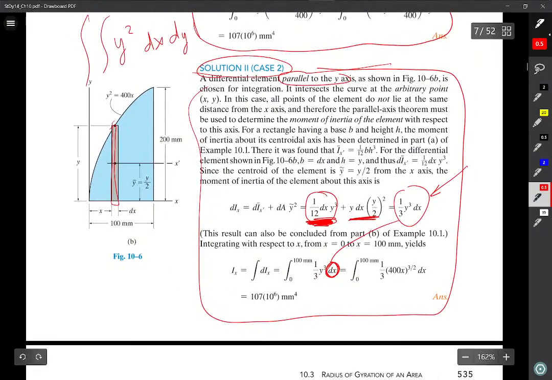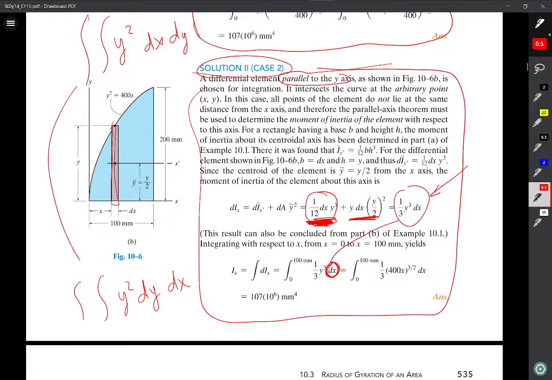Down here, you're doing it this way. You're doing the y squared, you're doing a dy, and then dx. It's doable, but it's not very fun.